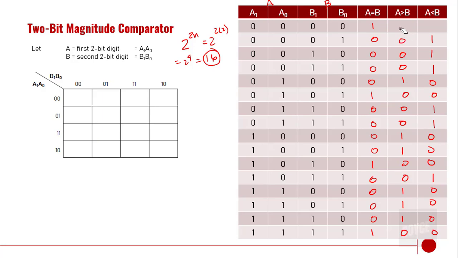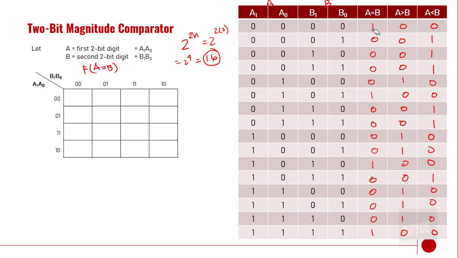What's the next step? Our fifth step is to make or to obtain our simplified expression using the tabulation method or K-map. So let's start with A is equal to B. Ayan, itong output na to. So we're gonna use K-map.